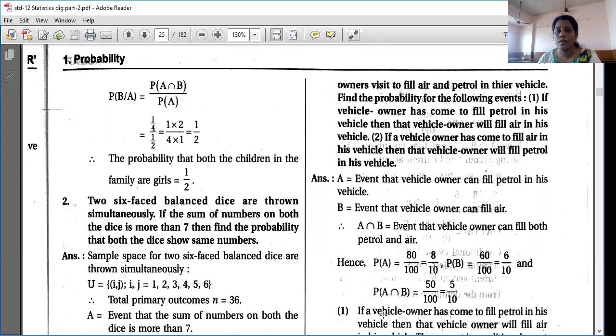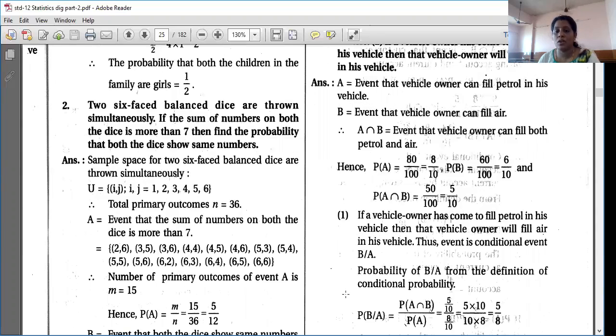Now the first probability is, if a vehicle owner has come to fill petrol in his vehicle, then that vehicle owner will fill air in his vehicle. Thus the event is the B by A condition. What did we consider as A? Event A was that the vehicle owner can fill petrol in his vehicle, right? Here they are saying, if a vehicle owner has come to fill the petrol, whatever comes after if goes in the denominator.